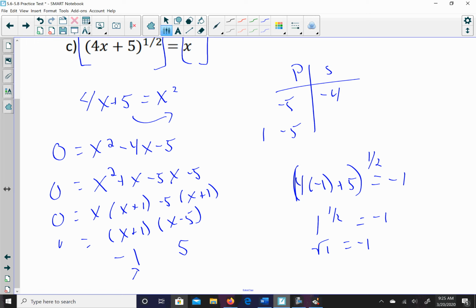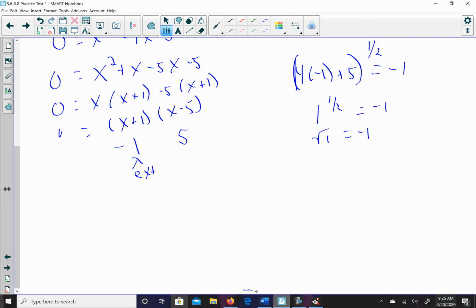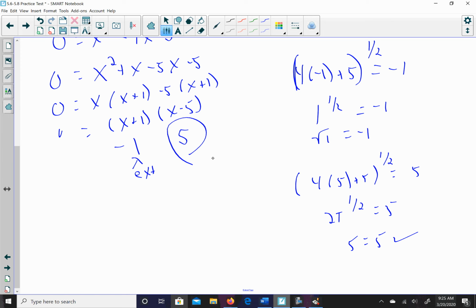That's not possible. That makes this answer extraneous. Then I'm going to try 5. So I'm going to have 4 times 5 plus 5 is equal to 5. Again, this is the square root, so this will be 25 raised to the 1/2 power. It's equal to 5. So 5 does equal 5. So that one works. So my only answer is 5.